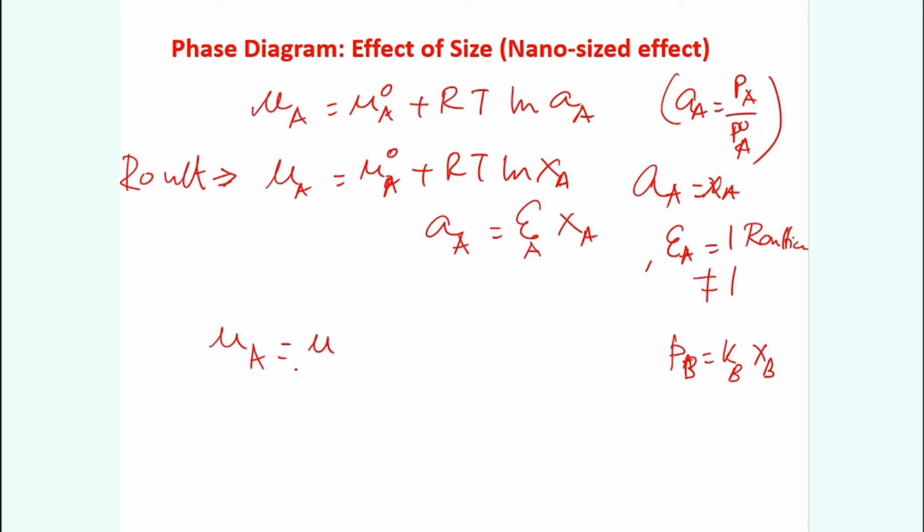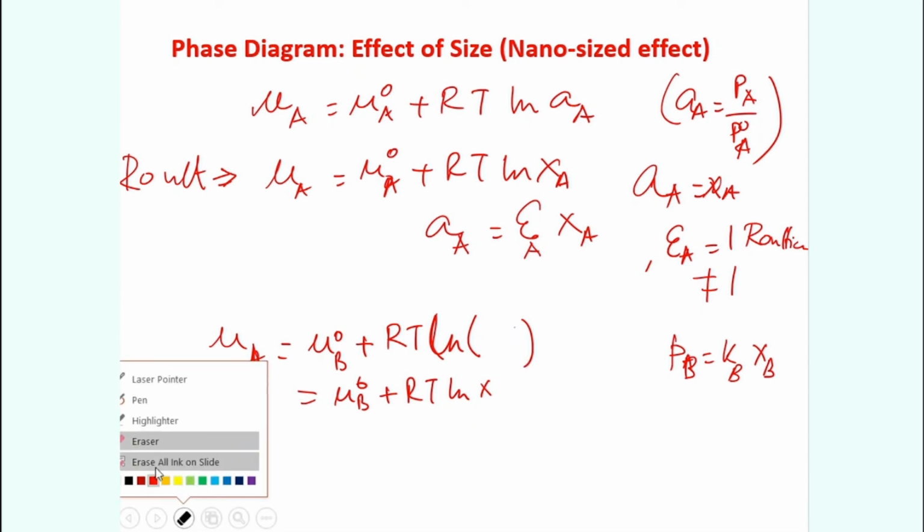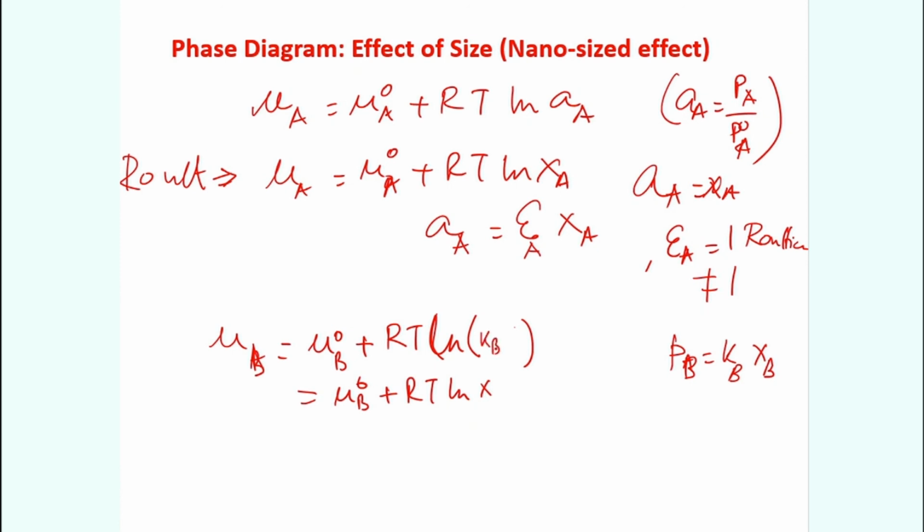So, mu B may be mu B 0 plus RT ln Kb Xb, right? Why am I writing Kb by Xb? That's a mistake. You should point it out, right? You are not here, that's why you are not able to point it out.